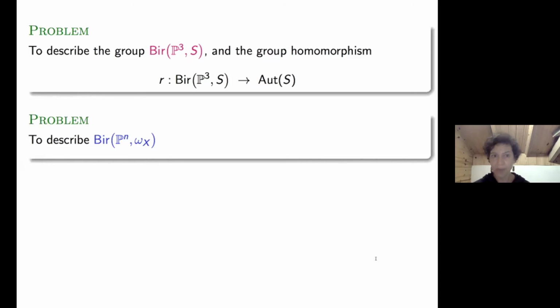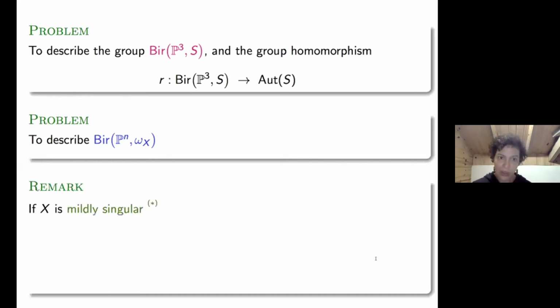What we noted is that in fact the first problem is a special case of the second one.